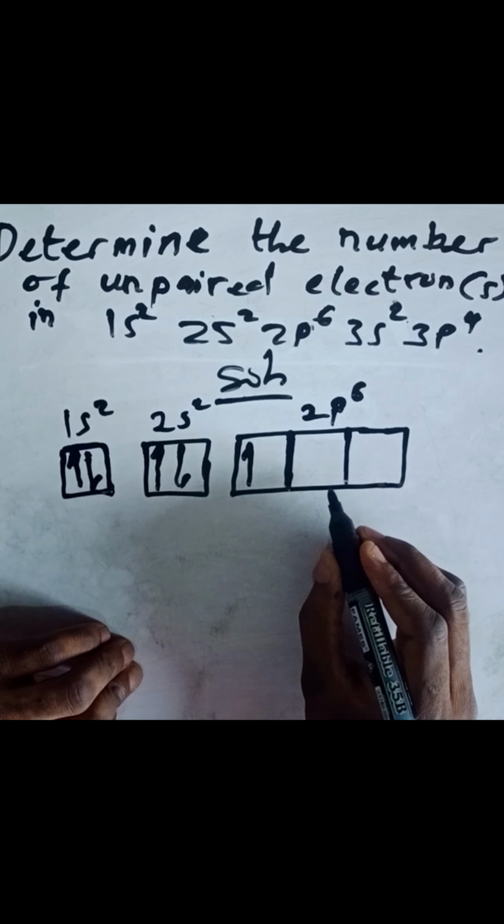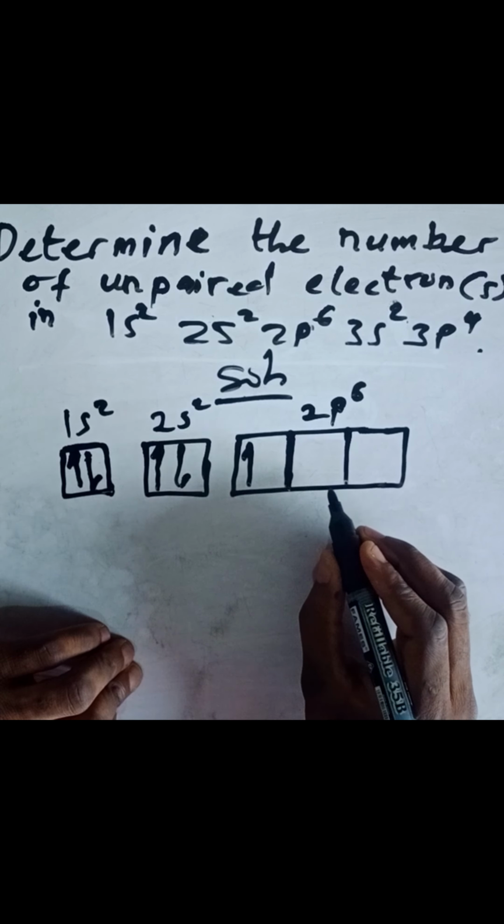Now, out of the 6 we filled 3, right? So we start pairing. You pair it up and you pair it up like this. If you count the number of electrons that we filled so far, we have 10 electrons consumed already. Out of this we are still left with 6.